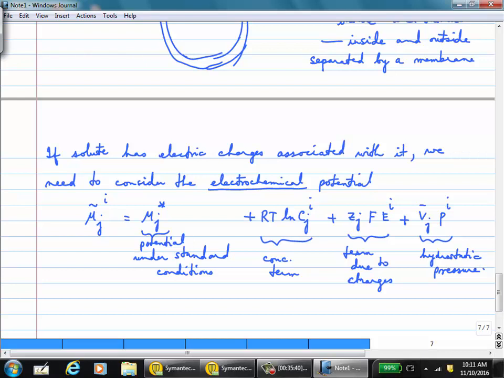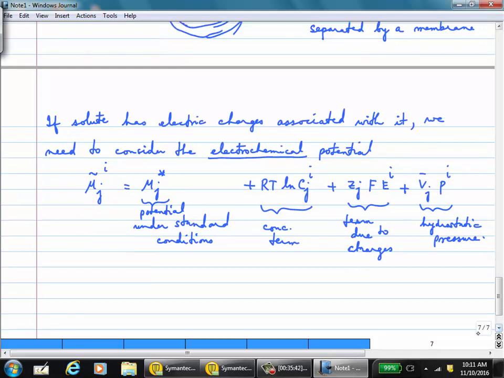Right? So now we can also write down a similar equation for the electrochemical potential outside the cell, because we really want to see if something is going to flow through the membrane or not, or how we regulate that flow.